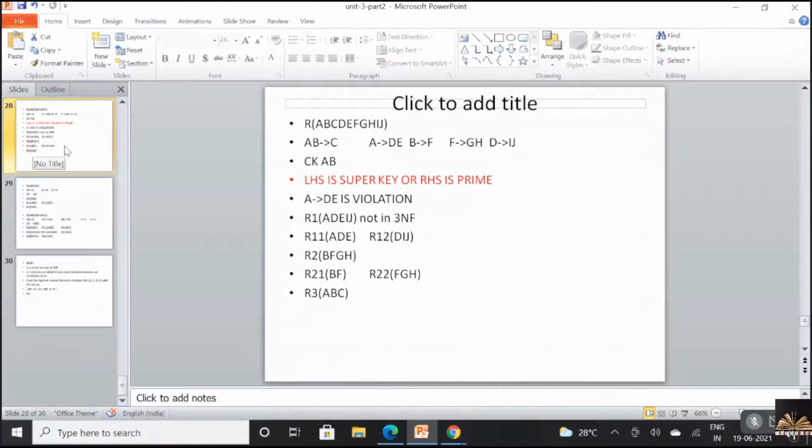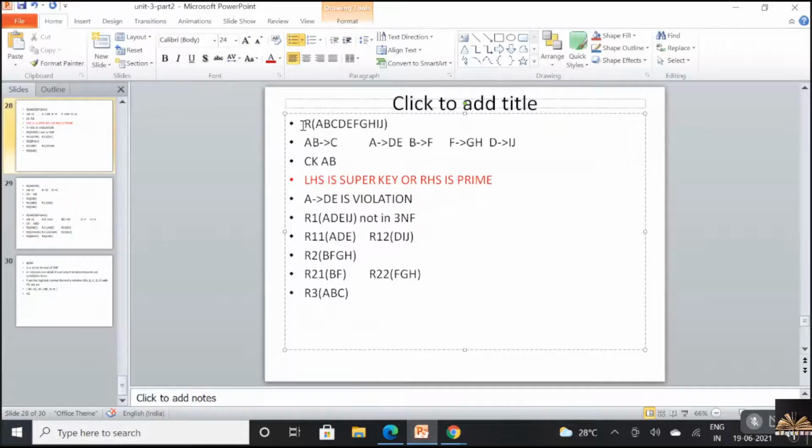Okay. Now, look, ma. I'm taking a few more attributes. So my R is consisting of A, B, C, D, E, F, G, H, I, J. Look clearly, Amma: AB implies C, A implies DE, B implies F, F implies GH, and I implies IJ.